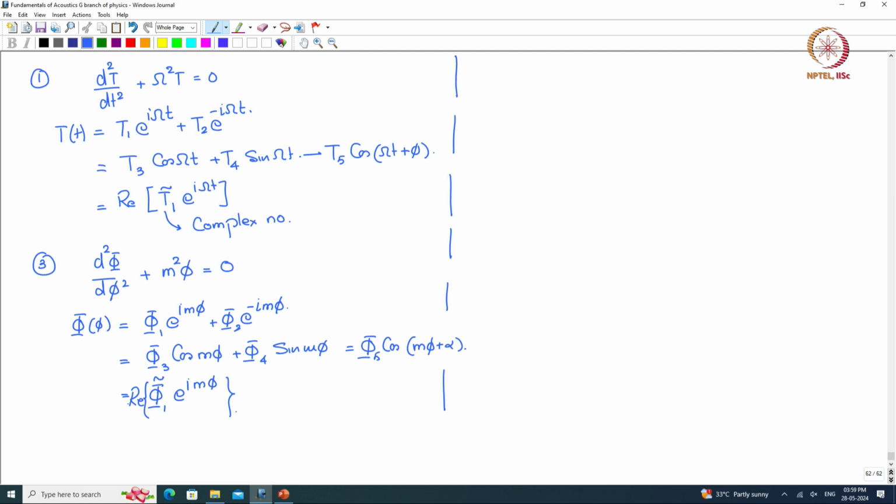The fourth equation. Okay, the fourth equation is 1 by sine theta d by d theta sin theta d theta by d theta plus n into n plus 1 minus m square by sine square theta equal to 0.